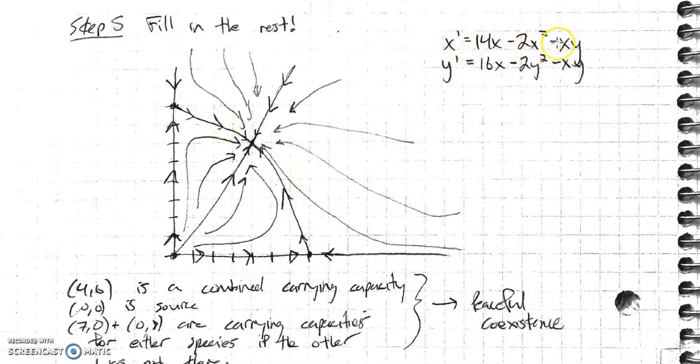Say I were to take the interaction rate and leave x like that and then change y so that the y prime piece was a positive x plus y here. How would that change this system? Well, suddenly the interaction rate hurts x's population, but y, if I make that a positive, the interaction rate helps y's population.